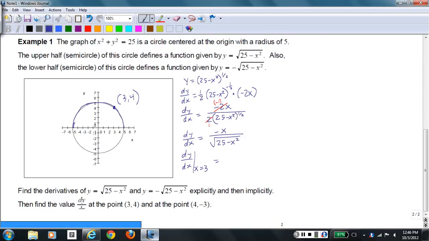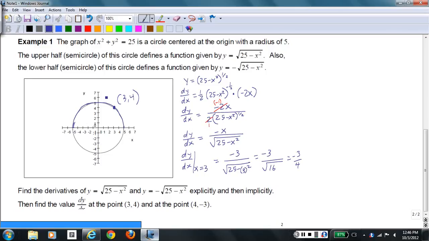This will be negative 3 over the square root of 25 minus 3 squared, so that's negative 3 over the square root of 16, and that's negative 3/4.